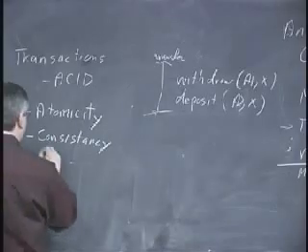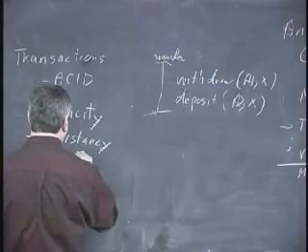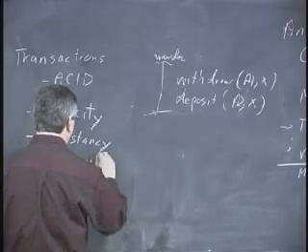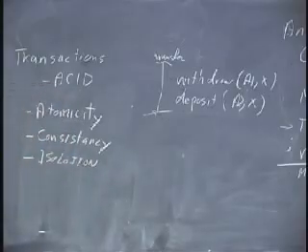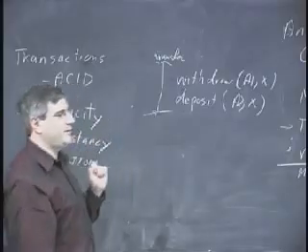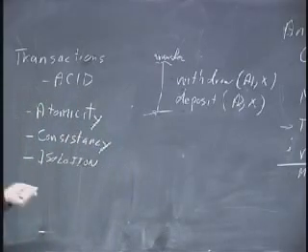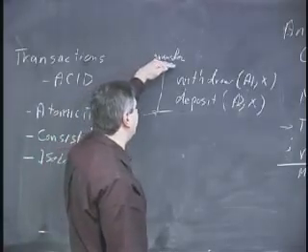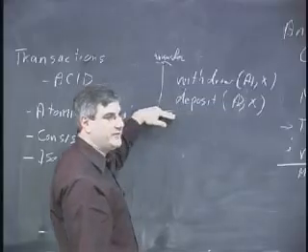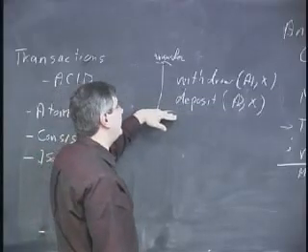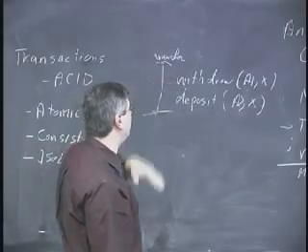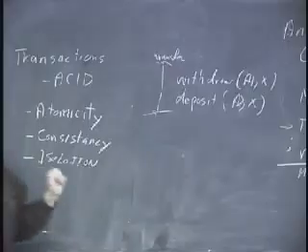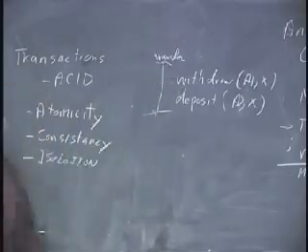Okay, I is isolation. I sometimes call this independence, but some of you got at this or were worried about this in the quiz. The issue of isolation is that a third party, or a second party, I guess, looking at the database, or all the other people looking at the database, will either see the condition of the database before these two happen, or the condition of the database after these two happen, but nobody, even though it's all going on at the same time, will be able to find a state of the database that occurs halfway between the transaction.